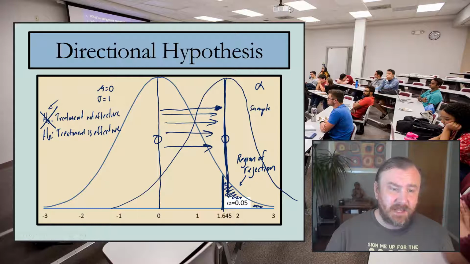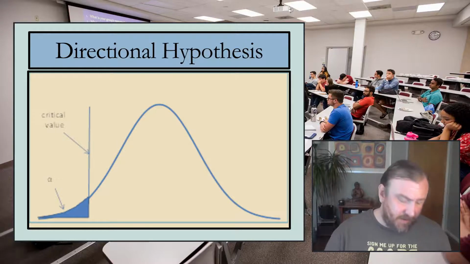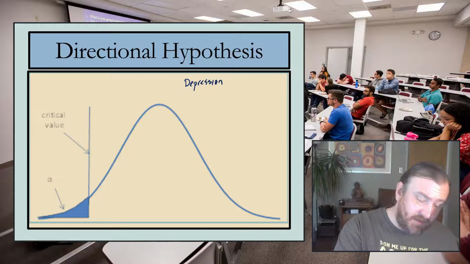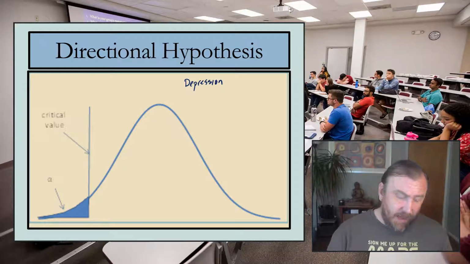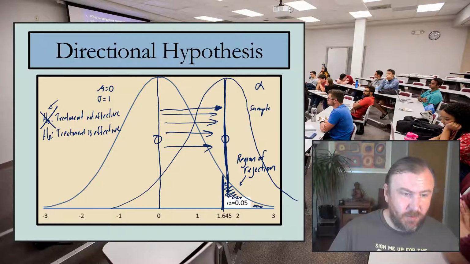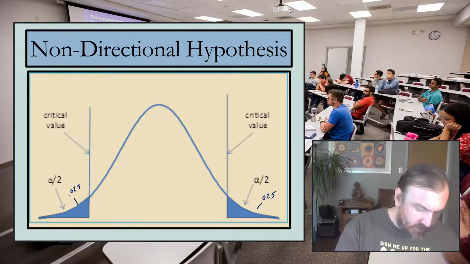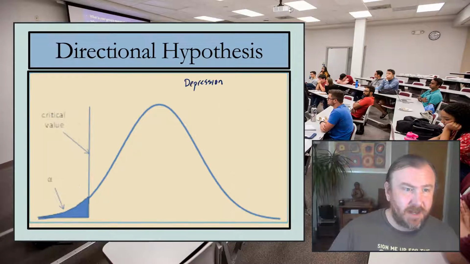But we could easily be looking in the opposite direction. So say, for example, we were looking at depression scores, right? Say we were giving a treatment for depression. Well, if that was the case, we would hope that our treatment for depression would... sorry, I'm on the wrong slide again.